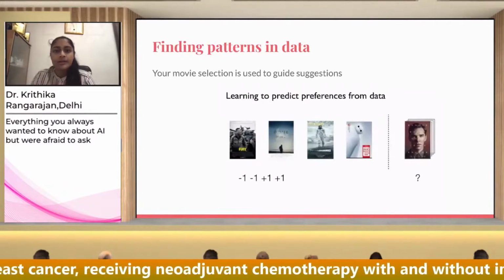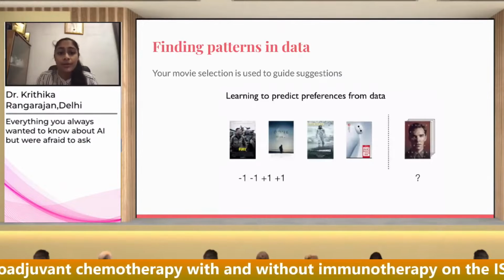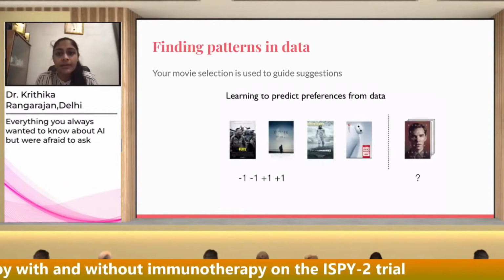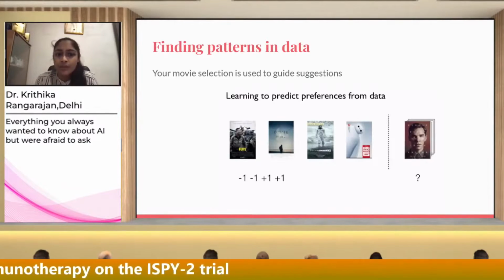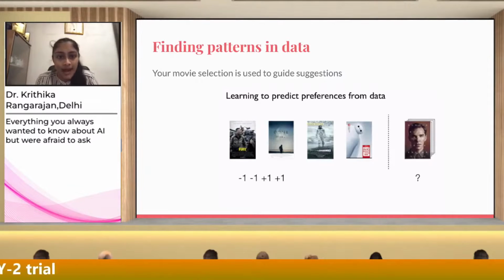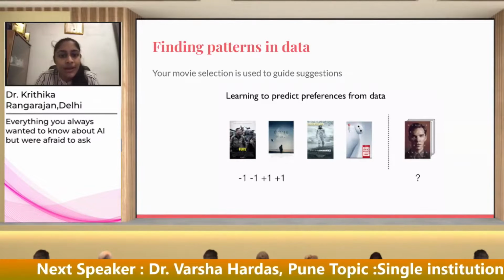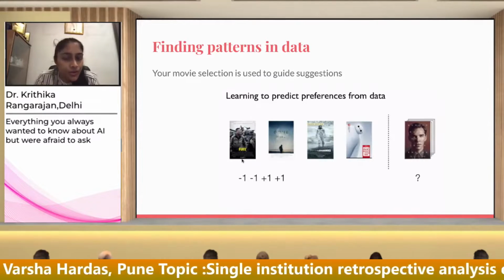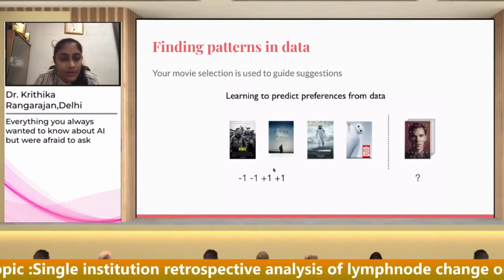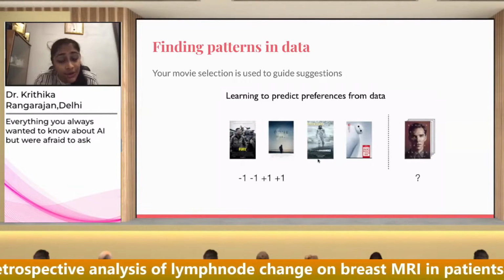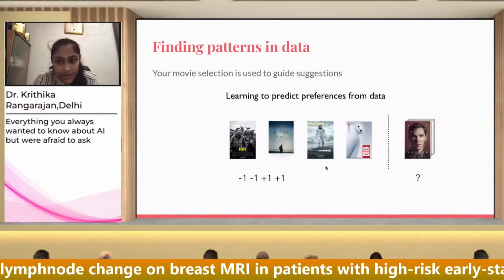Going further in the same example of predicting preferences from data, this is one of the examples that Professor Barzilay had given in her talk. When you choose the movies that you like, let's say a movie you don't like is annotated by a -1, and a movie that you do like is given a value of +1.